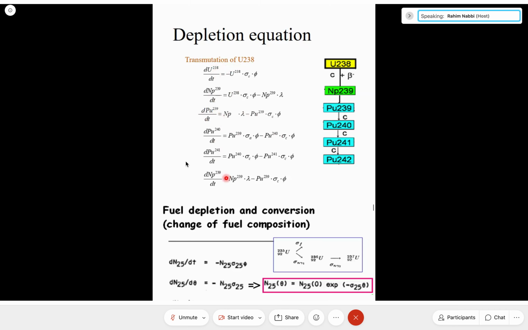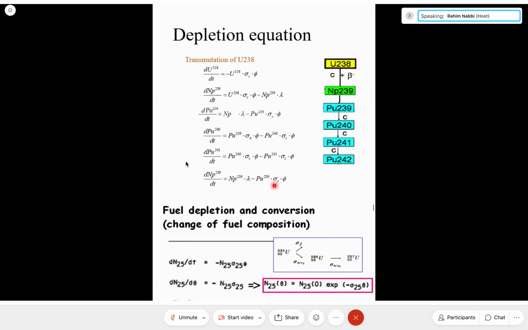And finally, if you continue this procedure, then at the end you would find the final step and the final nuclide, for example plutonium-241, and so on. Good.